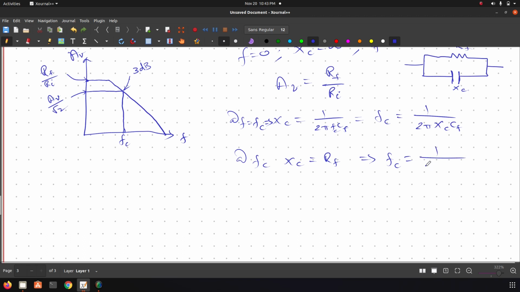Therefore we have fc equal to 1 by 2 pi RF CF. So this is the cutoff frequency.